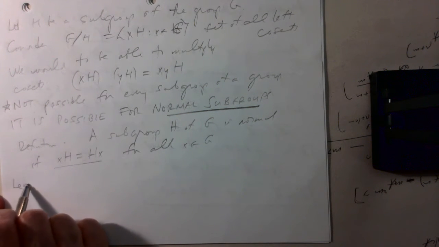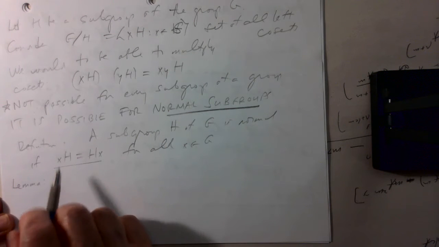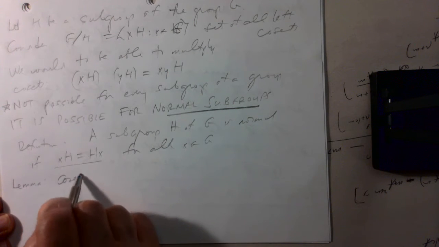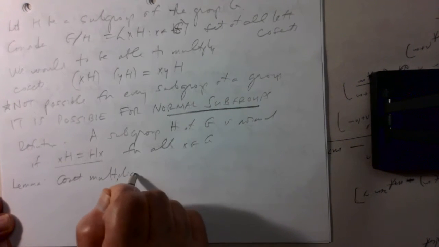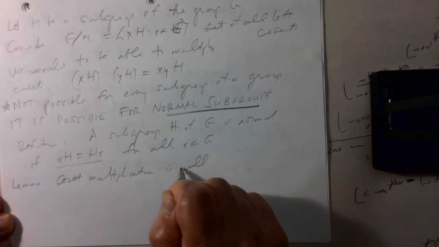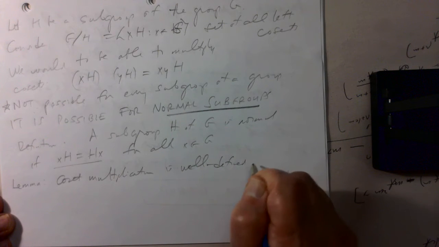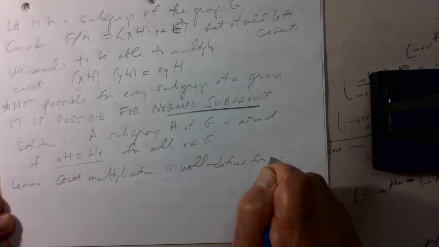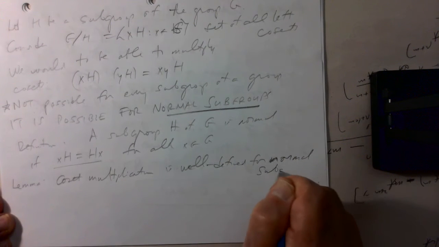So let me just show proof that coset multiplication is well defined for normal subgroups.